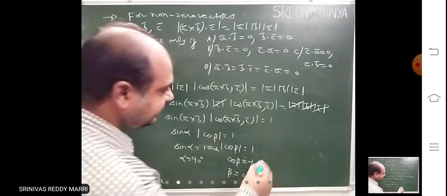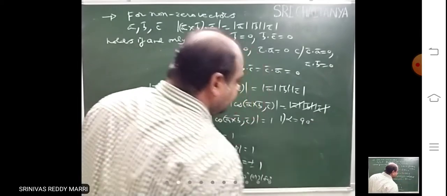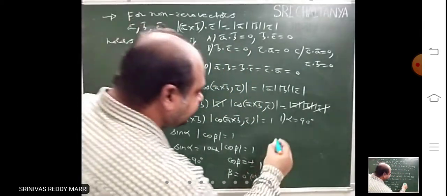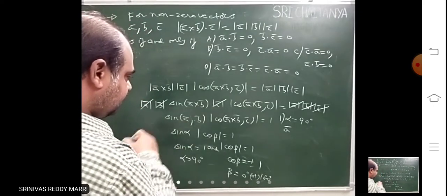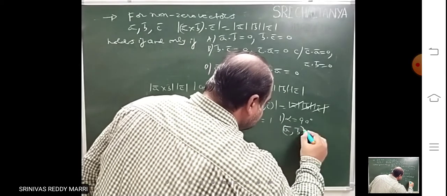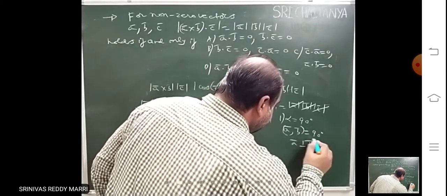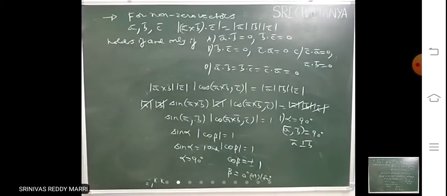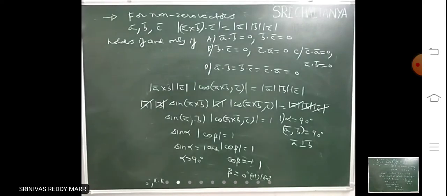Take the cases. First case, alpha equals 90 degrees. Alpha is the angle between A bar and B bar, not the cross product. So the angle between A bar and B bar is 90 degrees, which means A bar is perpendicular to B bar.